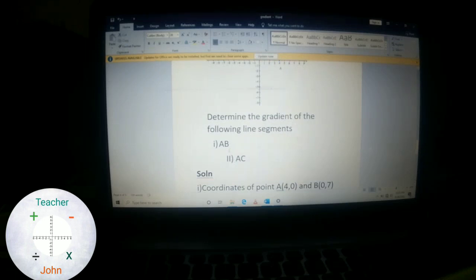Now, when you want to get the gradient of AB, you first go back and see where you can get AB. A is here, B is here, which means point A has 2 values, and point B has 2 values, x and y, x and y.